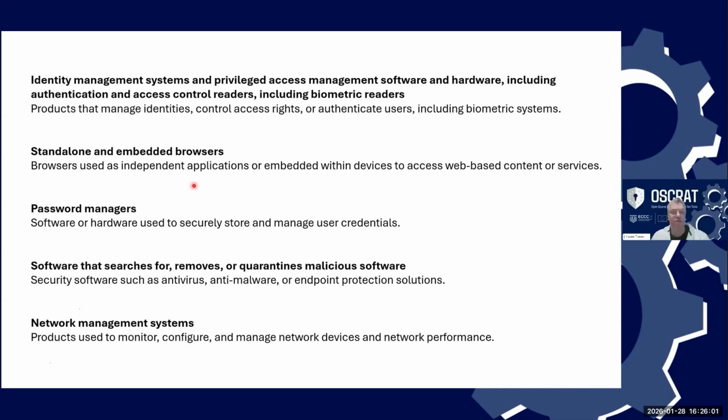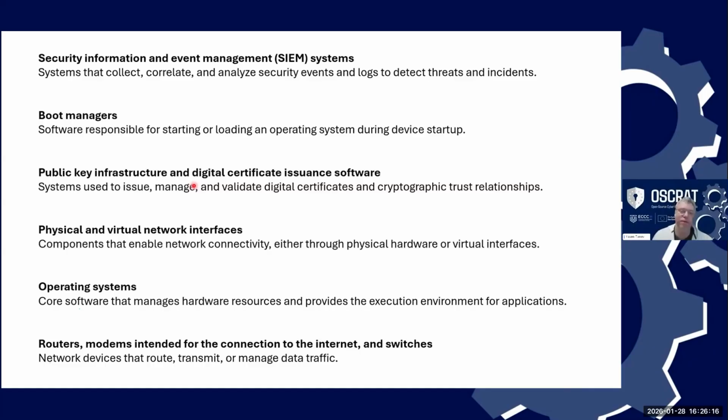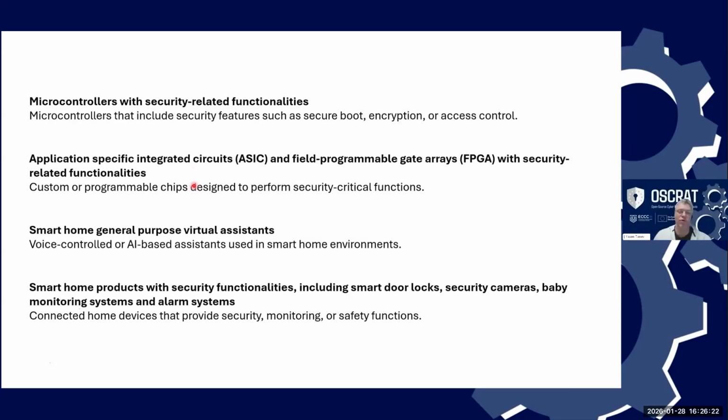The identity management system, standalone embedded browser, password managers. Miro was talking about the password managers. What is the password software that searches for, removes or quarantines malicious software, network management system, security information and event management, boot managers, public key infrastructure, physical operating system, routers, microcontrollers, application-specific integrated circuits.